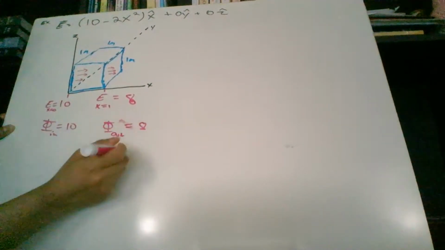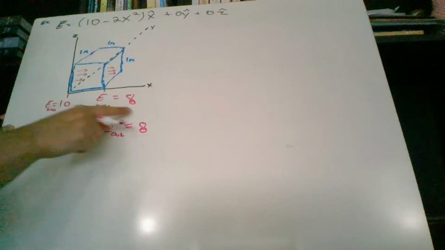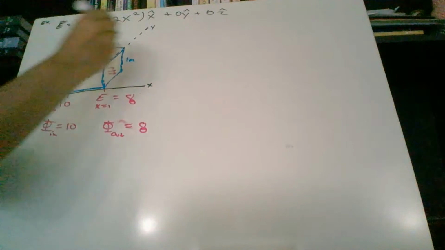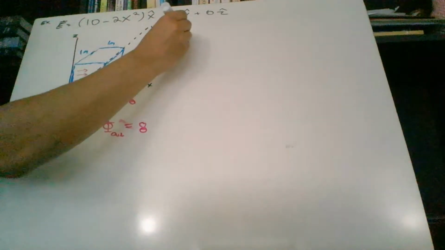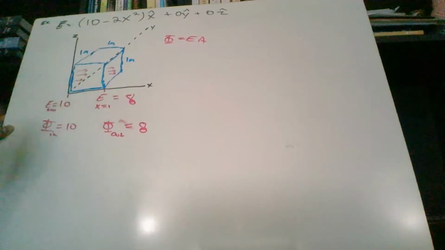And if you forgot, just remember the flux is just the electric field times the area. So the electric field times the cross-sectional area, which is 1, you get 10 and 8.